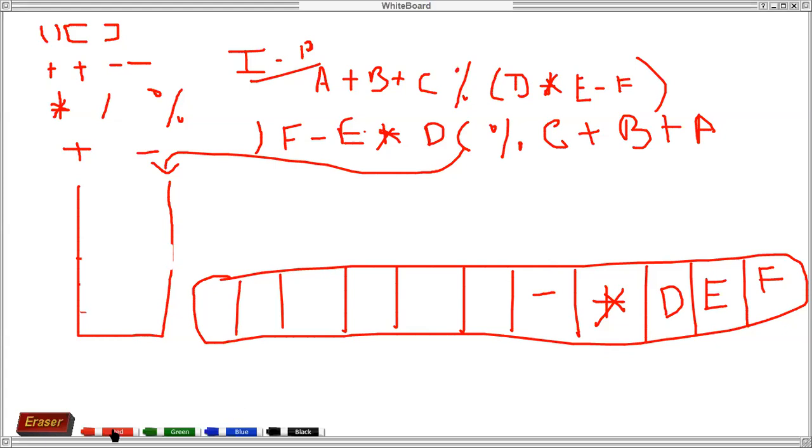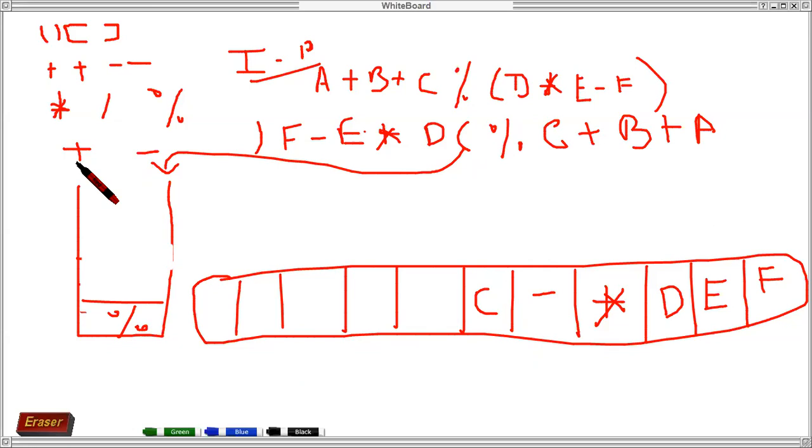Okay, now next is what? This bracket is done. Then you have the modulus symbol, which will move into the stack. After the modulus symbol you have C, so C will come into the expression. Then you have plus. Now see the position of the plus.